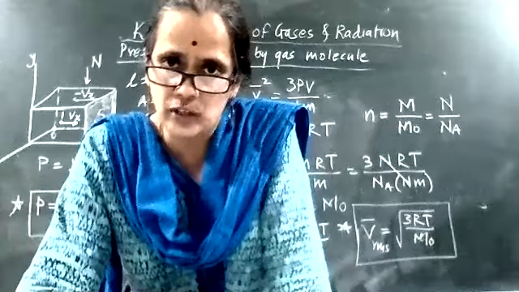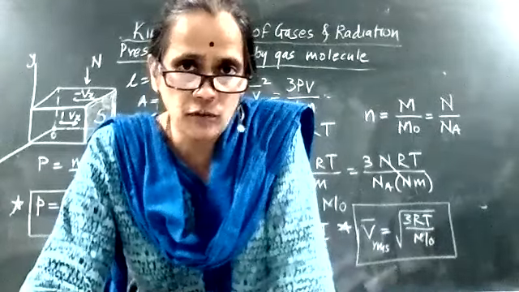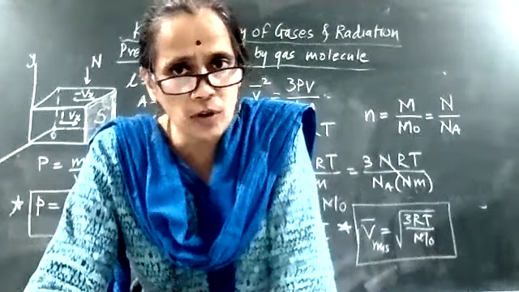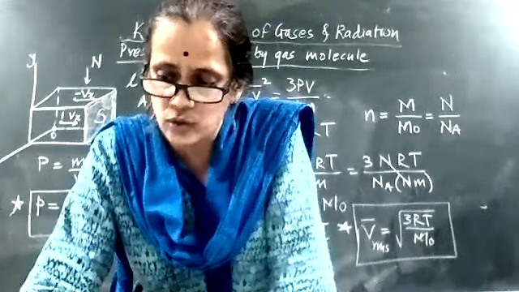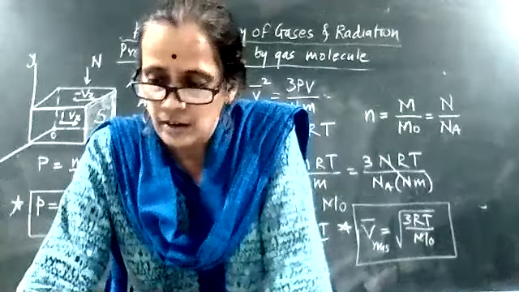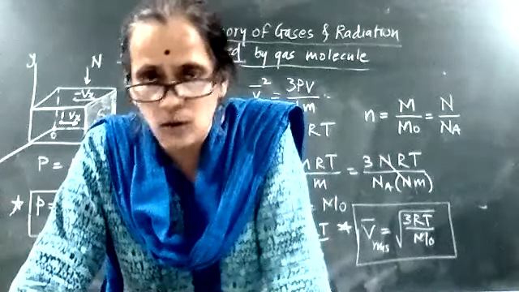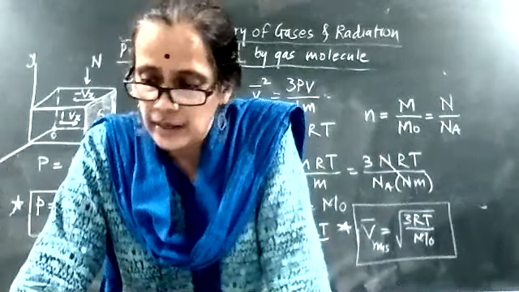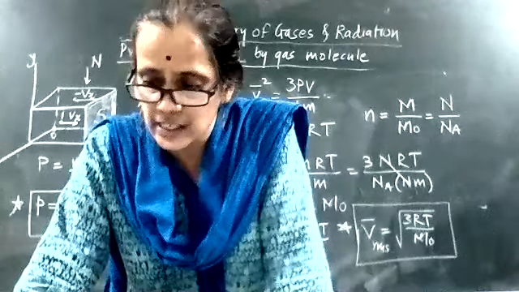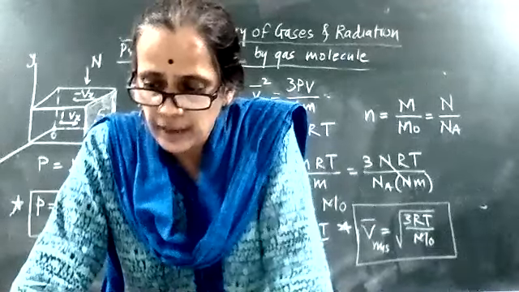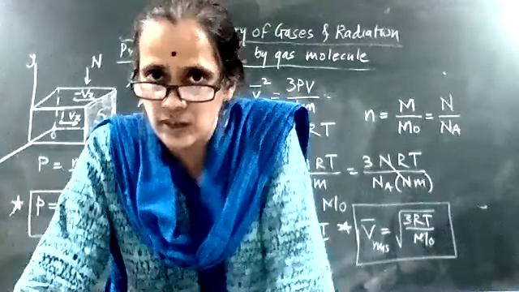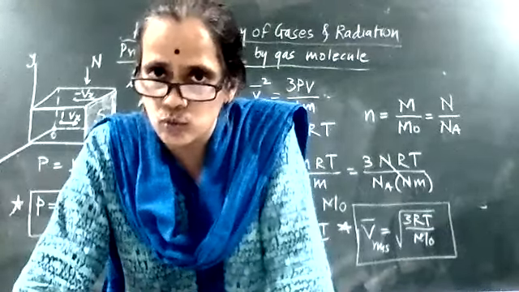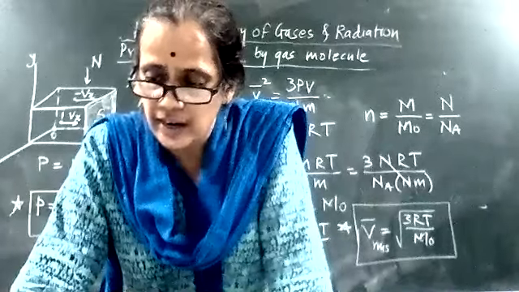Then average pressure. The pressure formula is pressure is equal to force upon area. So I write average pressure is equal to average force upon area. Average force is already given, divided by area. Area is L square. So I am getting P is equal to m into the bracket Vx1 square plus Vx2 square plus so on, divided by L cube.